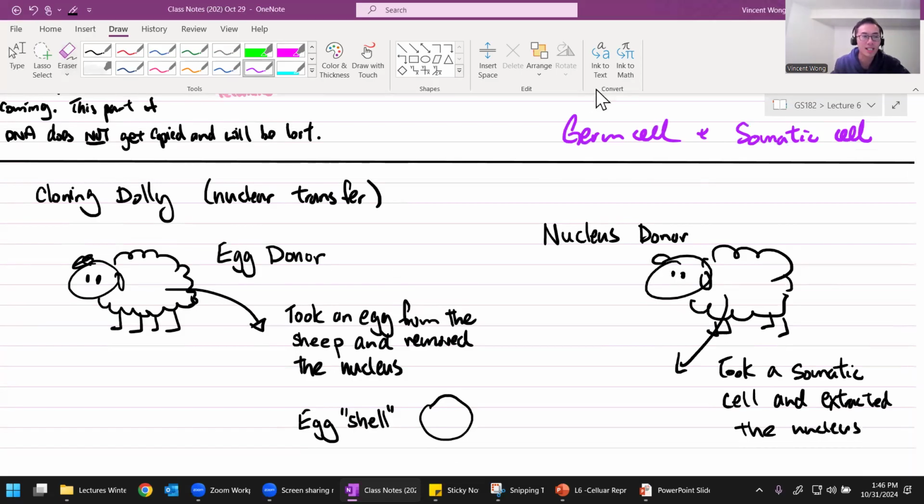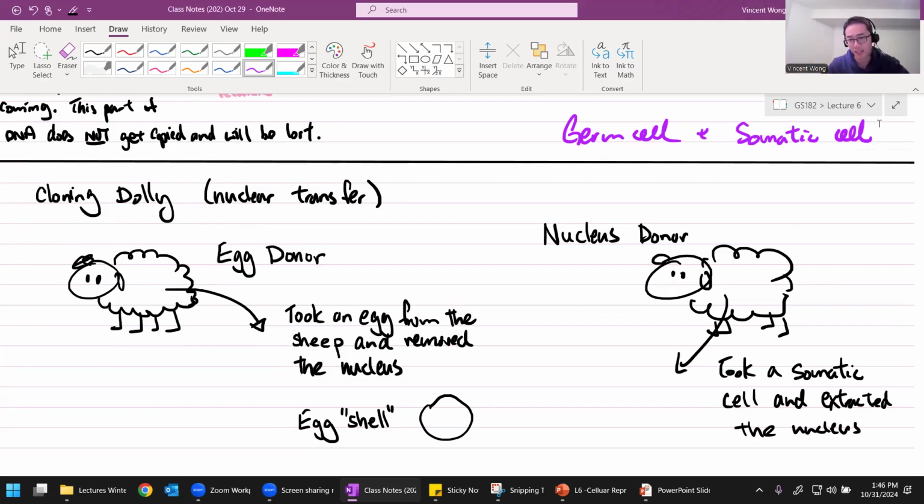Germ cells are cells that will become egg or sperm. You'll find them in the ovaries or testicles. Somatic cells are every other cell in the body: liver cells, muscle cells, brain cells, heart cells, kidney cells. All these other cells are not going to become sperm and egg.